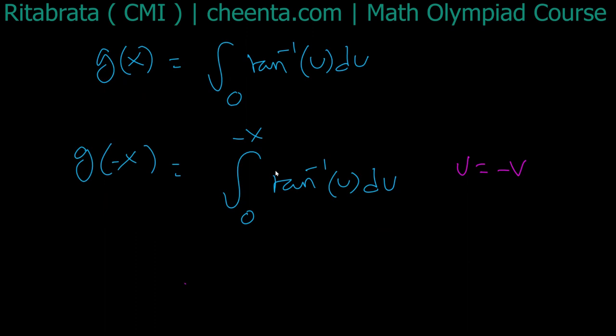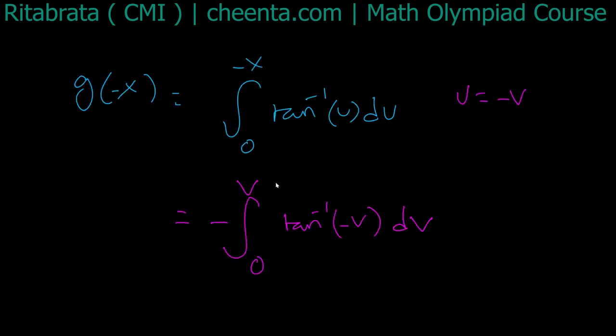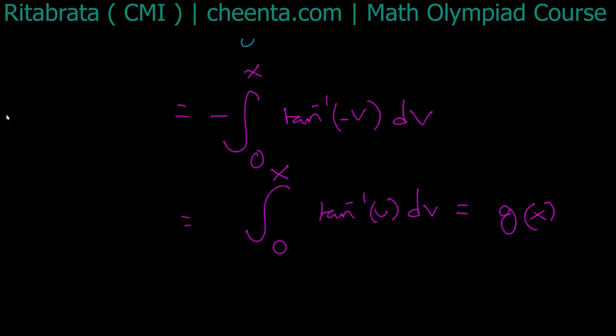So it becomes integral from 0 to x of tan inverse of minus v, and d of minus v is minus dv. And tan inverse of minus v is just minus tan inverse of v, so this becomes plus. So it becomes integral 0 to x tan inverse v dv, and that is the same as g of x. So g is an even function, so this is not odd.